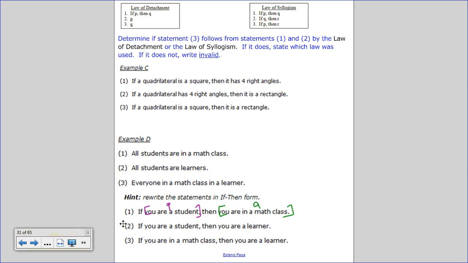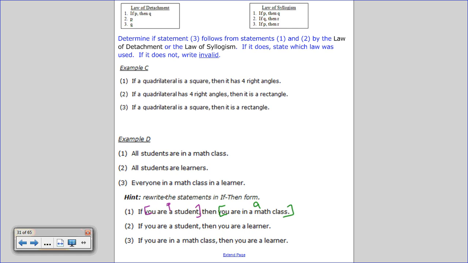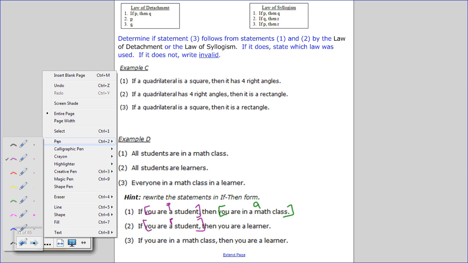On the second statement, it starts off with saying, if you are a student. We've seen that before. You are a student is P. So let's label that again correctly. And then it follows by saying, then you are a learner. We haven't talked about being a learner yet, so that's some new information.